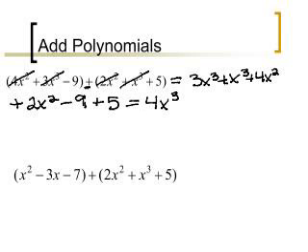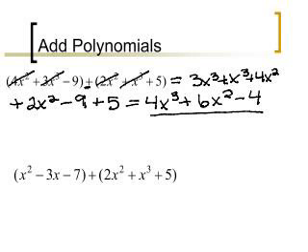So we add the 4 and the 2, and we'll have 6x squared. And then minus 9 plus 5. So negative 9 plus 5 is a negative 4. So that is the answer. 4x cubed plus 6x squared minus 4 is adding our first two original polynomials.